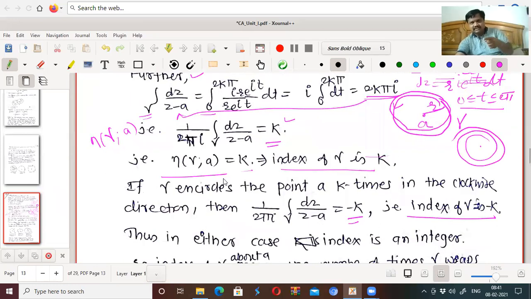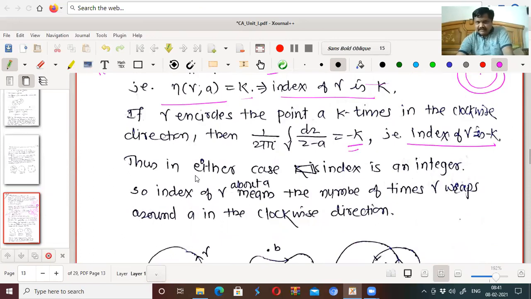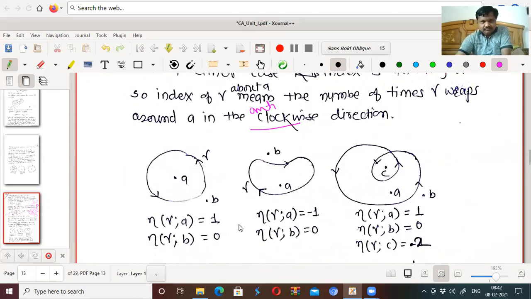If it is the anticlockwise direction it is positive, and if it is the clockwise direction, the sign becomes minus. Thus, in either case, the index is an integer, maybe positive, maybe negative, but it should be an integer. So the index of gamma about a means the number of times gamma wraps around a, in the anticlockwise direction for positive and in the clockwise direction for negative.